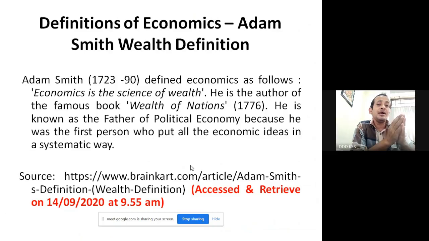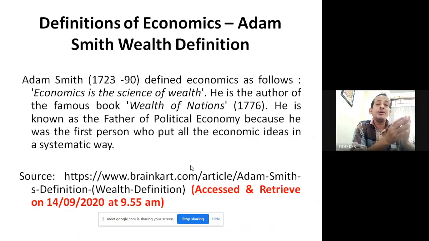He authored one book known as Wealth of Nations in 1776, and in that book he defined economics as the science of wealth. Adam Smith is also known as the father of political economics because he was the first person who put all the economic ideas and thoughts in a very systematic way.